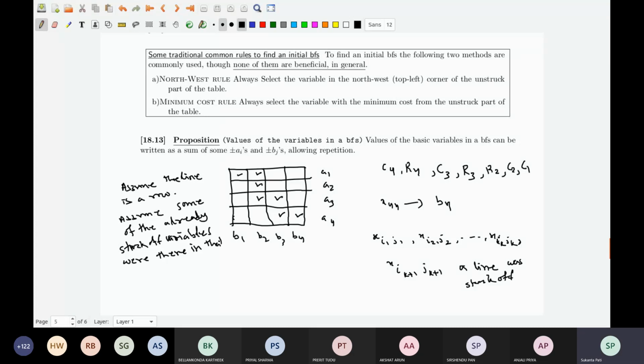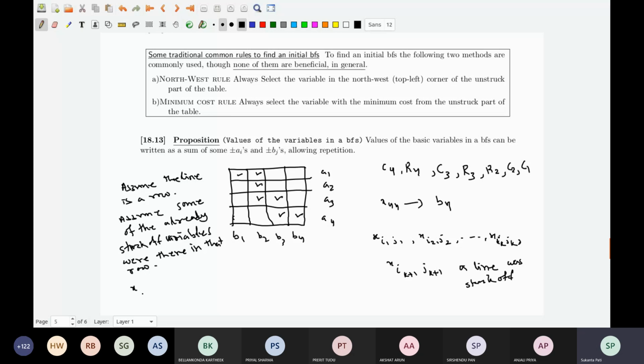In that case, what will be the value of x_ik+1 j_k+1?